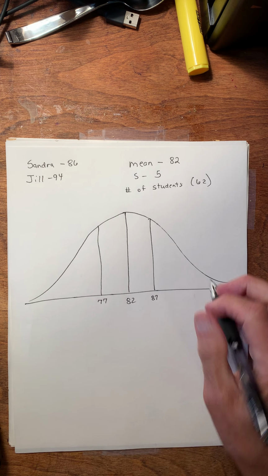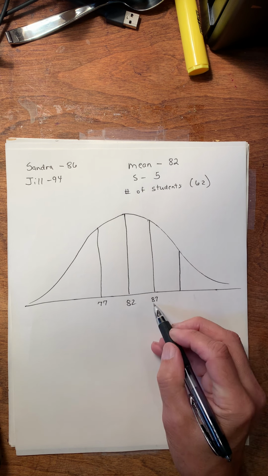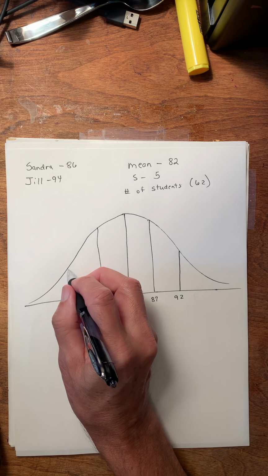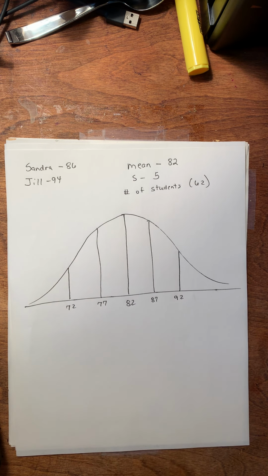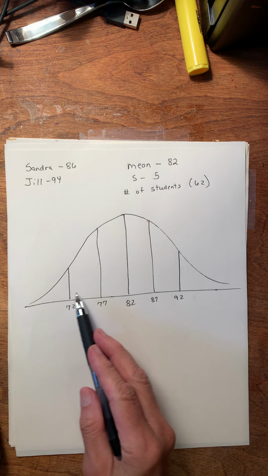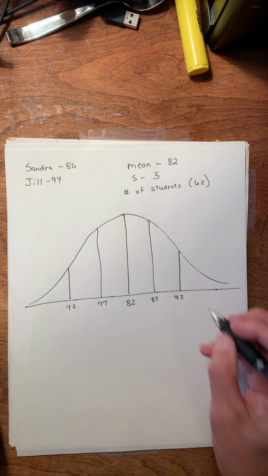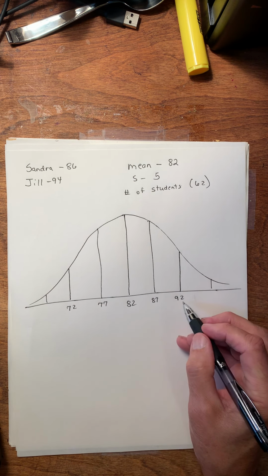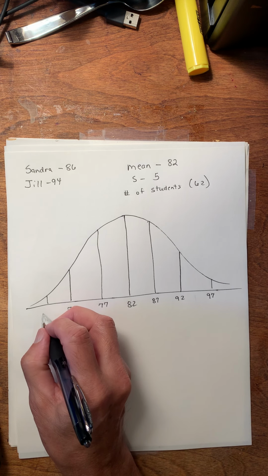Hey, another standard deviation, 5 more, that'll take us to 92, take us down to 72. I'm told that this is 95% of all the grades. And then a third standard deviation, that'd be up to 97. This is down to 67.